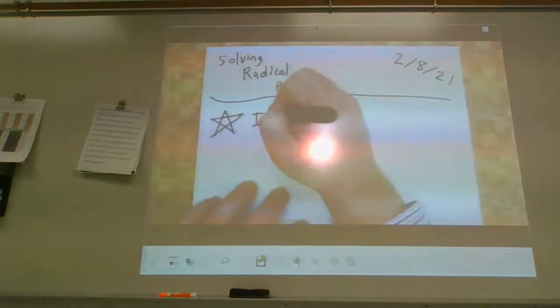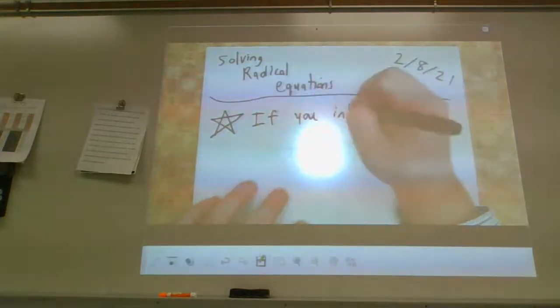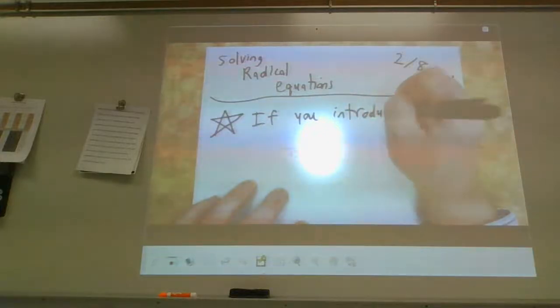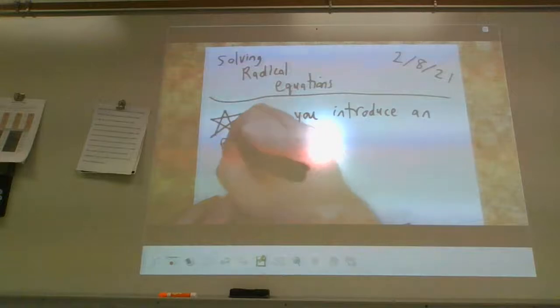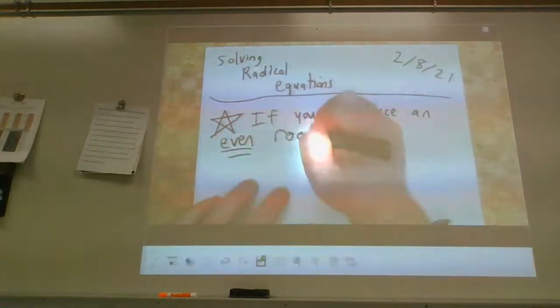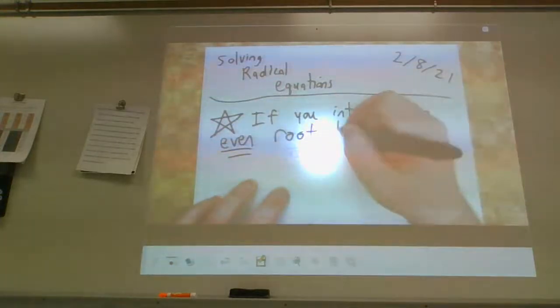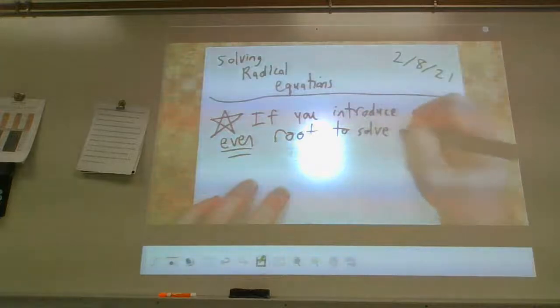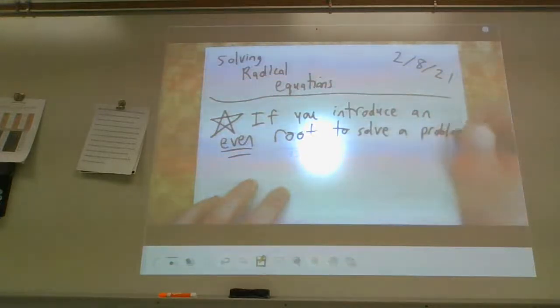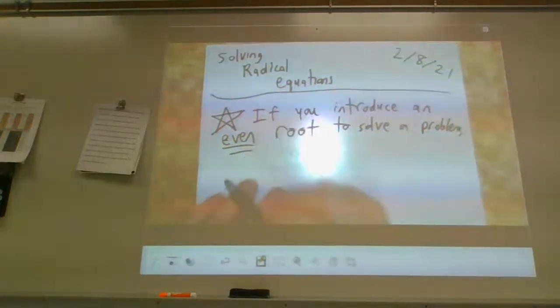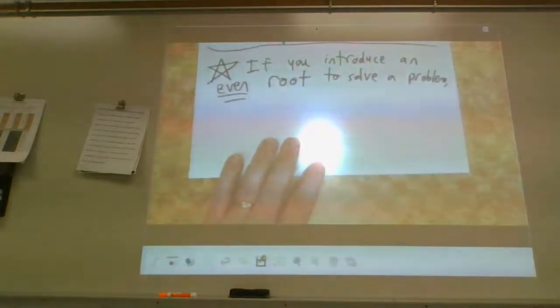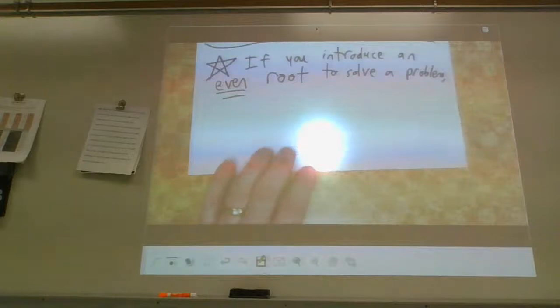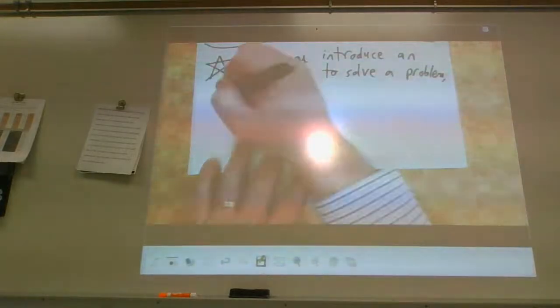If you introduce an even root to solve a problem, this is an if-then statement. If you introduce an even root, and I'm underlining the word even root.